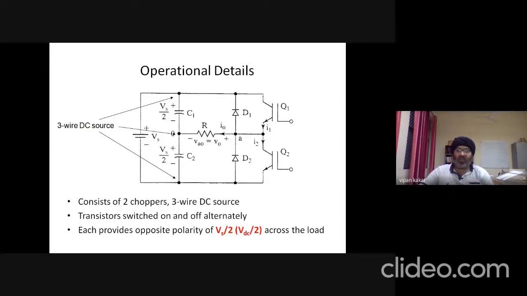So 3 DC wires are required in this case, and 2 choppers, meaning 2 switches only, Q1 and Q2. These transistors Q1 and Q2 are mutually exclusive, meaning they have to be switched on and off alternately, not together, otherwise there is a short circuit. So we can see that each provides the opposite polarity of half of the DC supply across the load. We'll see that.